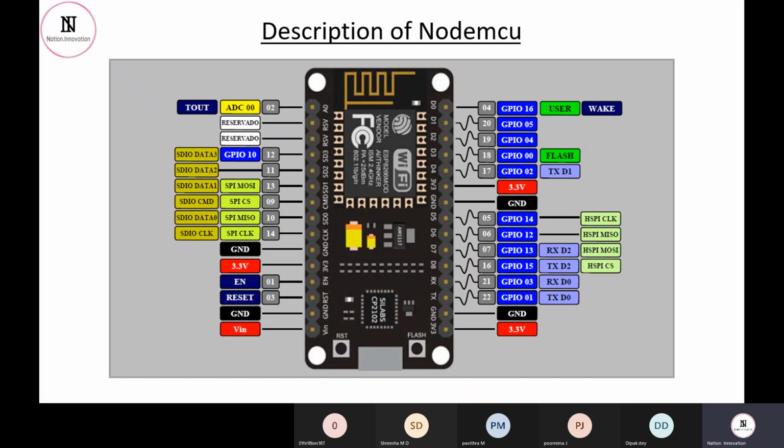So what we prefer is, there is only a 100 rupees difference between the NodeMCU board and the ESP8266 Wi-Fi module. Fine. So whenever we require Wi-Fi functionality, we prefer to use a NodeMCU board.